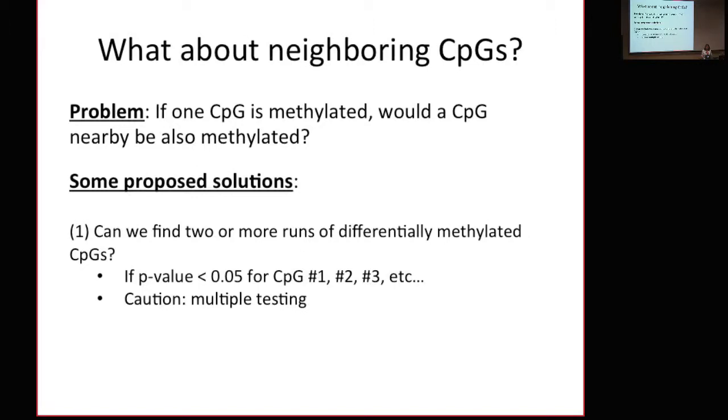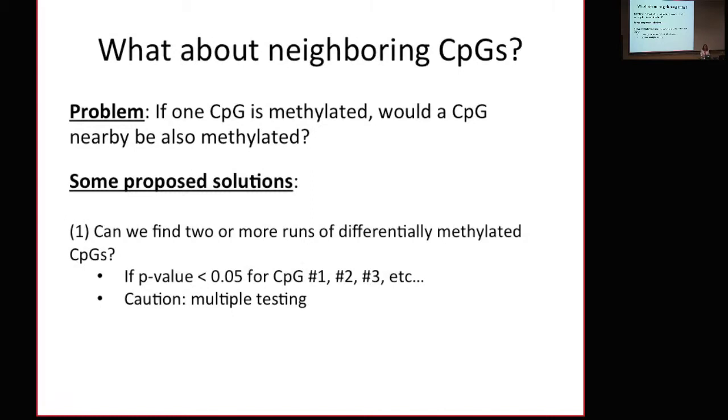The problem is, in statistics, when you test hundreds of thousands of sites in the genome, on average, you're going to find differences around 5% of the time. And that's totally normal, because we, as statisticians, accept 5% of the time being wrong. That's what the 0.05 means.